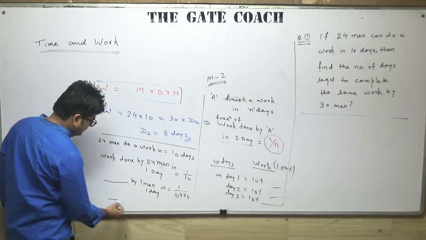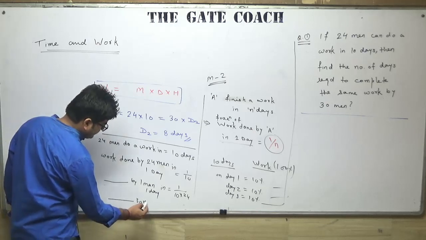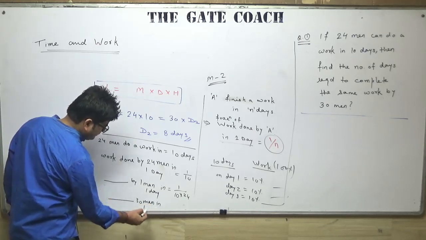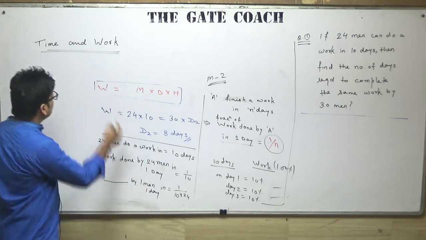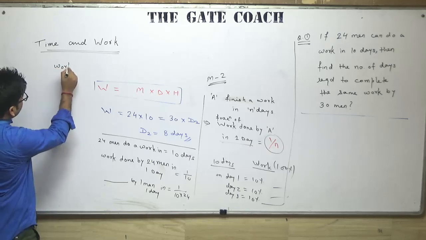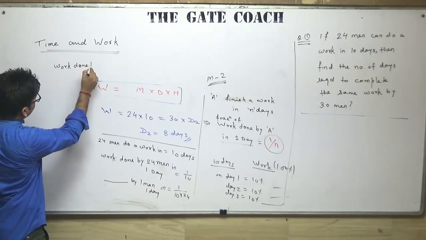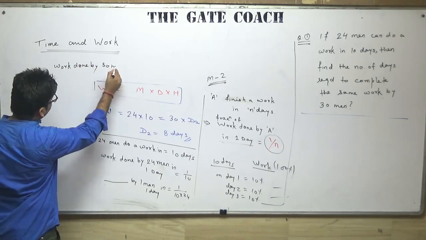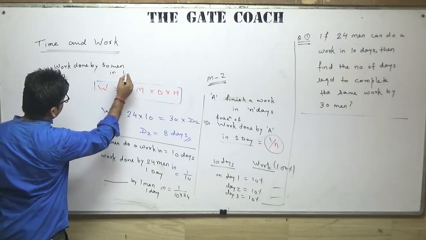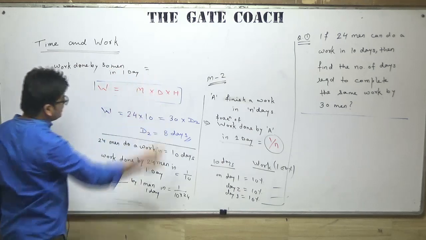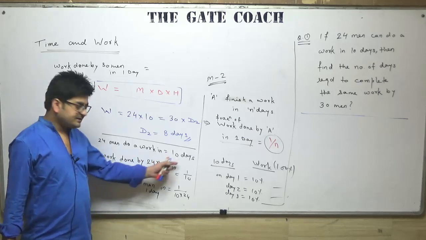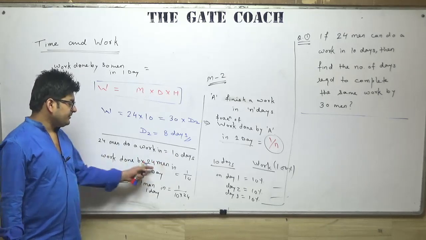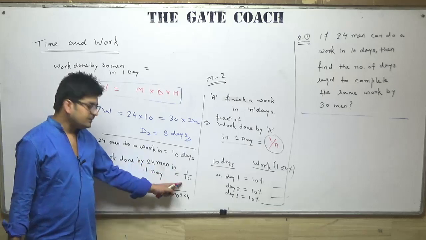What will be the work done by 30 men in 1 day? 24 men can do a work in 10 days, so work done by 24 men in 1 day will be 1 by 10.